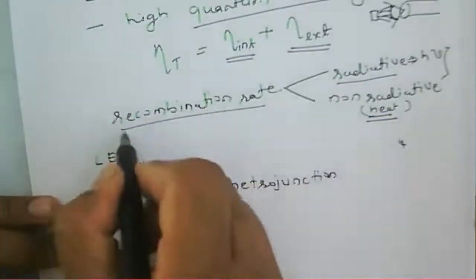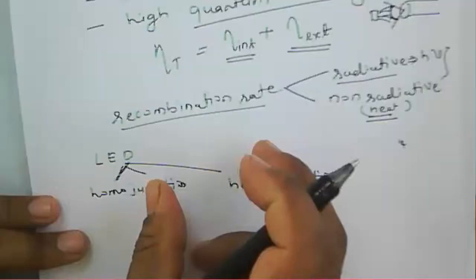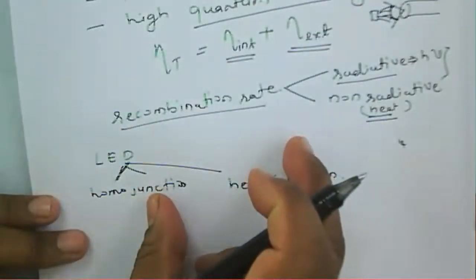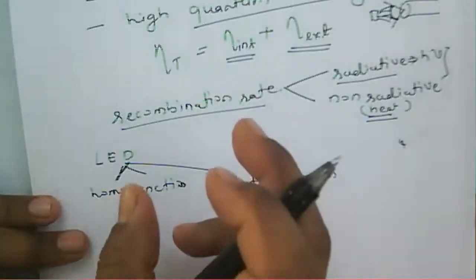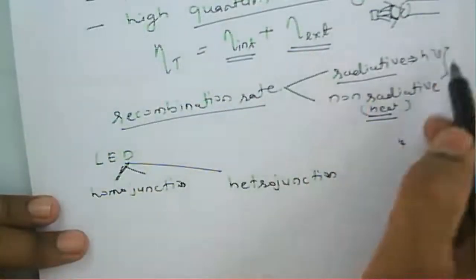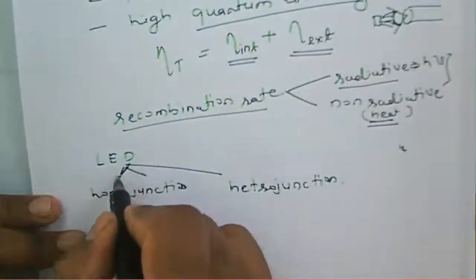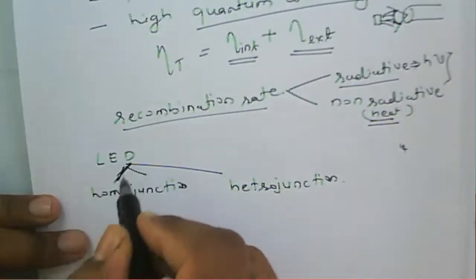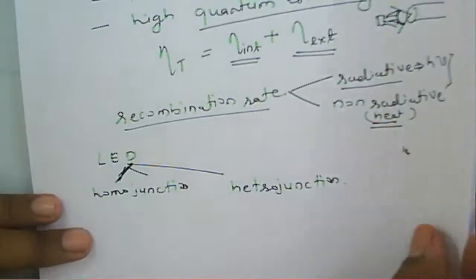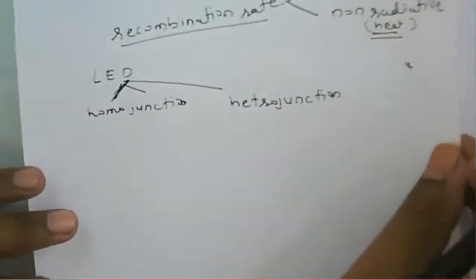To achieve that particular radiance in that particular junction, we can describe the structure of an LED based on the junction.